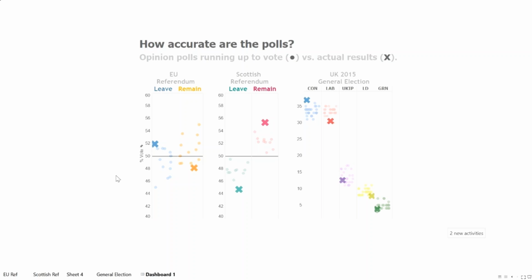And the general consensus is to go with the status quo. So that might be what happened with the Scottish referendum, where people went more conservatively, those "I don't know" people, the floating voters. But with the EU referendum, it suggests, if this is the case, that they've gone for the more extreme option.